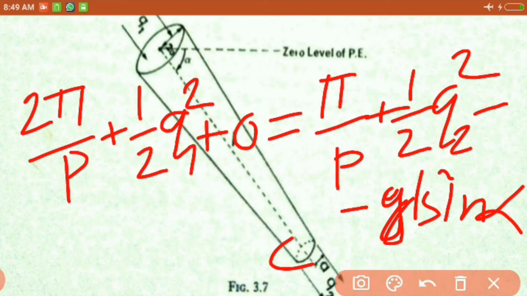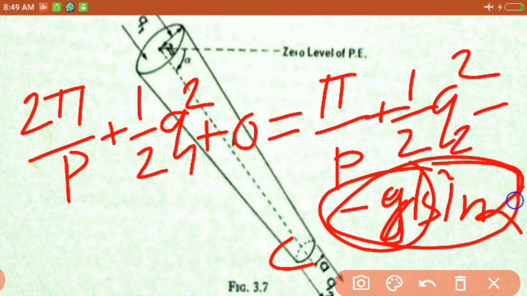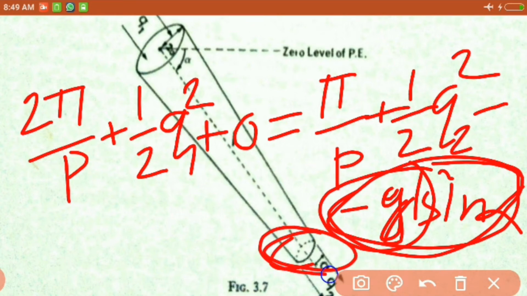Since this is minus GL sin alpha, this is the potential energy per unit mass of the gravitational force at this lower end.